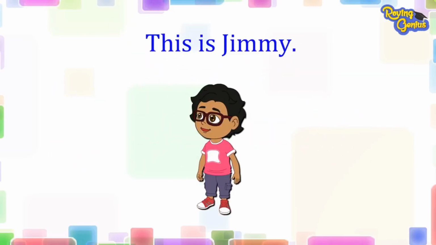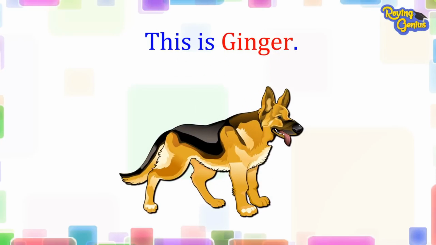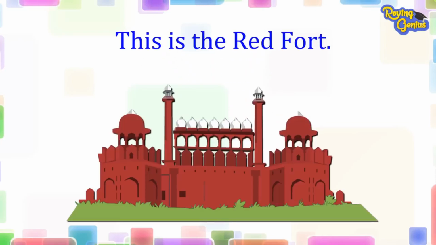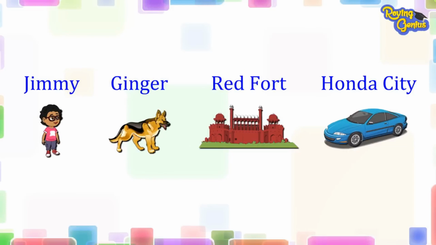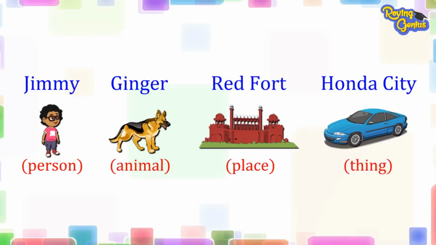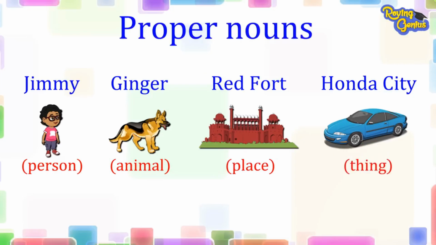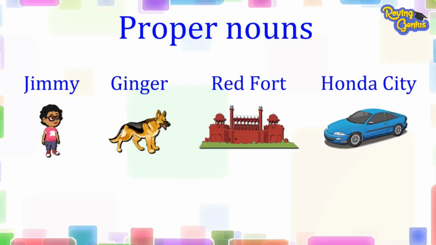So we can say, this is Jimmy. This is Ginger. This is the Red Fort. This is a Honda City. Special names given to a person, an animal, a place, and a thing are called proper nouns. All proper nouns begin with capital letters.